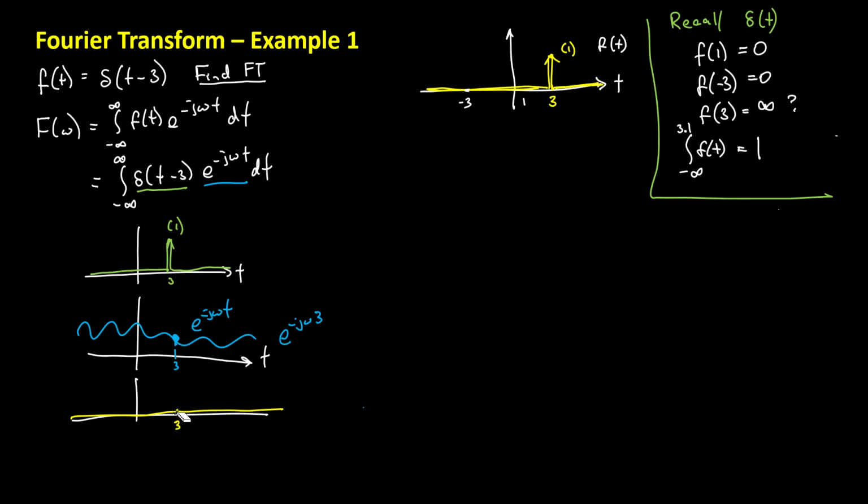So at 3, we multiply this number by this number, just like up here we're multiplying green by blue, and we get an impulse. And instead of having area 1 now, it has to have area e to the minus j omega 3.